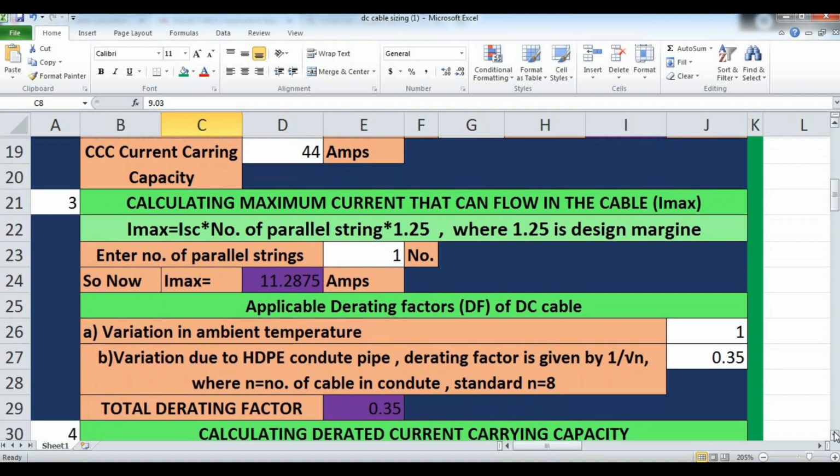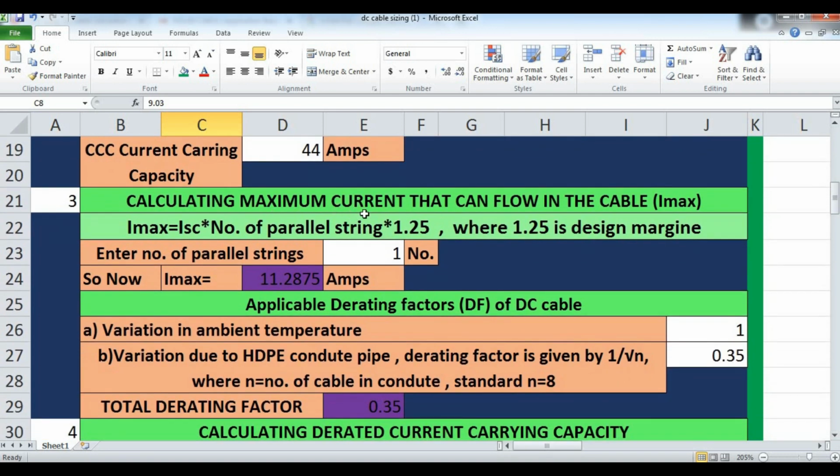The formula for that is I maximum is equal to I short circuit into number of parallel strings into 1.25. This 1.25 is the design margin that we have taken, because we are considering 25% losses happening in the DC side of our system. So depending on the 25% loss, we are taking our design margin as 1.25.